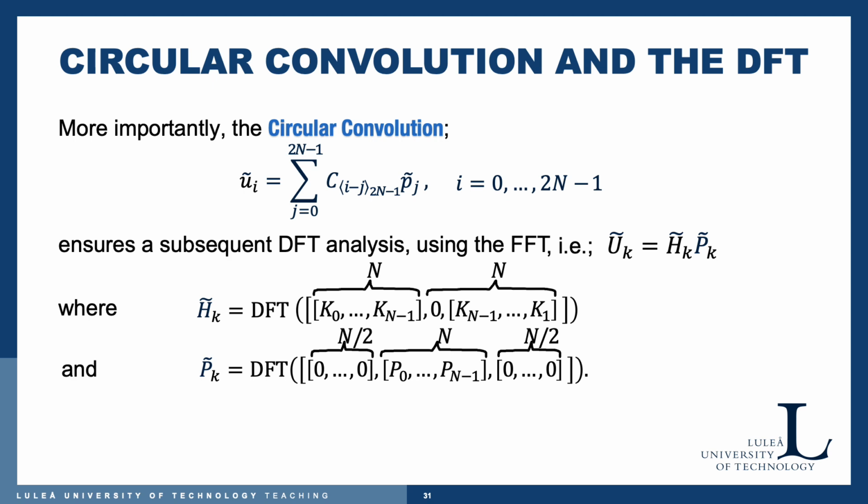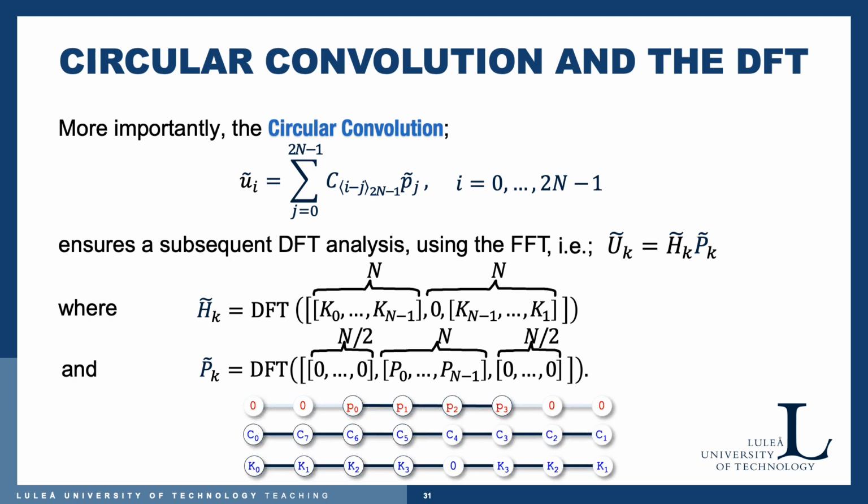Just to recall what we have in our transfer function, the first n values are actually the real k values for the deformation, and then we have that 0 at the Nyquist frequency, and then a flipped or mirrored version of the matrix kernel to the rest of the right hand side of that vector, which we then DFT to obtain the transfer function.